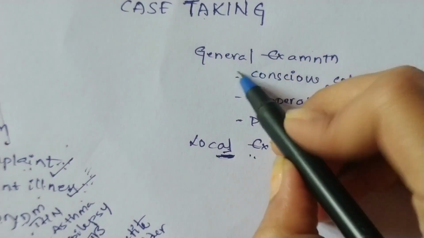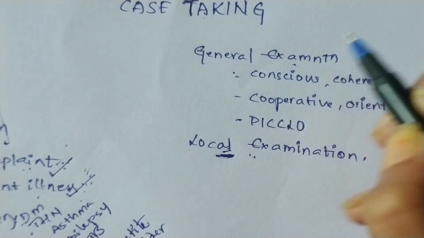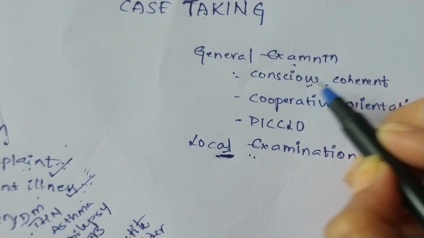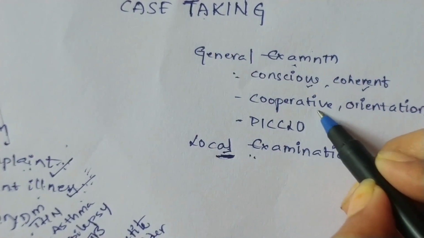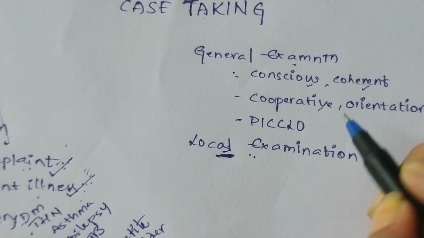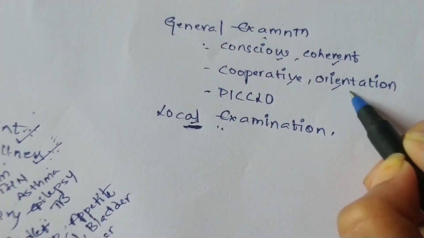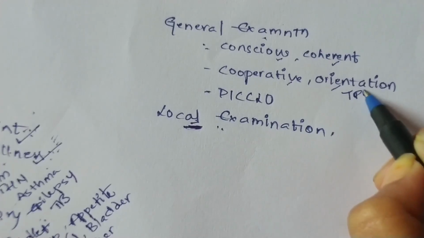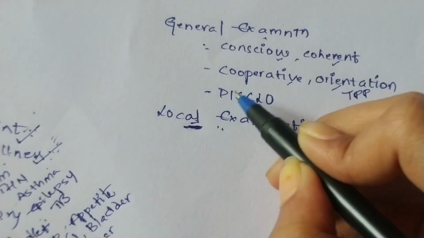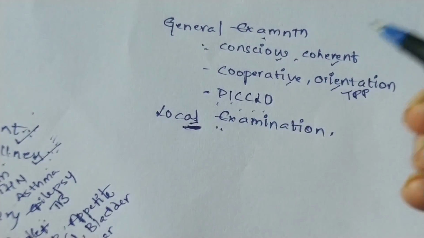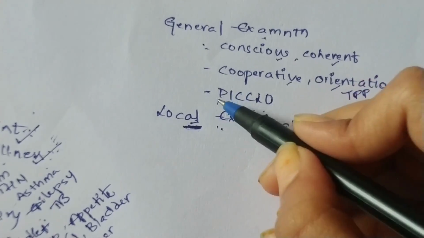Before going to that, general examination: you have to know whether the patient is conscious, coherent, whether she or he is cooperative, and orientation to time, place, and person. And pick-o-lo, or PICCLE. What is PICCLE? You all must know by this time, right?